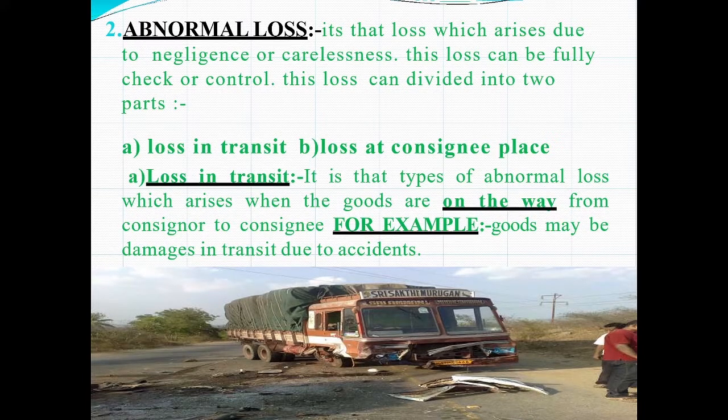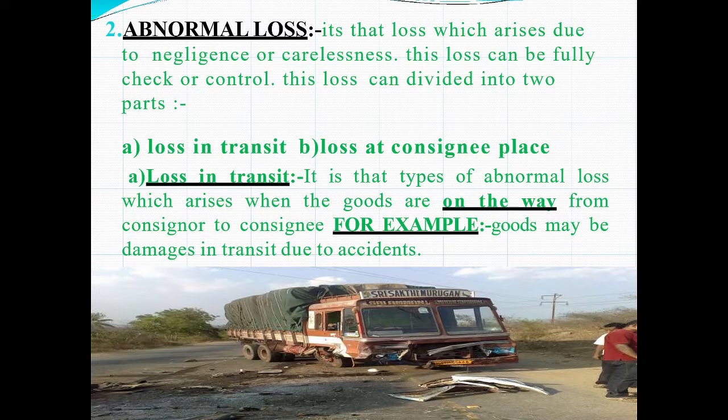If the loss arises due to negligence and carelessness, that loss is called an abnormal loss. Number one is loss in transit, and another one is loss at the consignee's place. When the goods are shifting from consignor to consignee, if anything happens due to an accident or something, that loss is loss in transit.